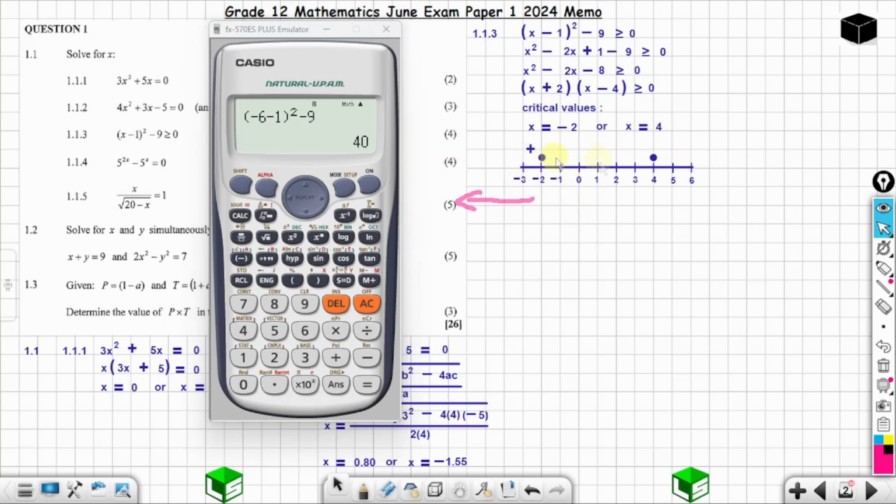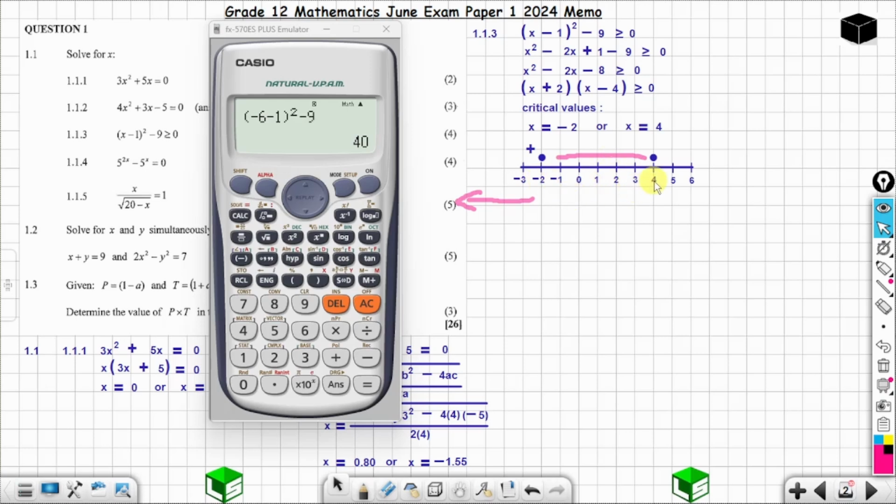Now let's test the interval between negative 2 and 4. You can use any number between negative 2 and 4. You can use negative 1 or 0 or 1 or 2 or 3 or 3.5 or 1.5.